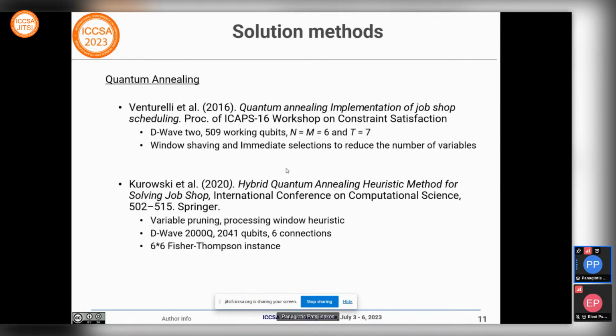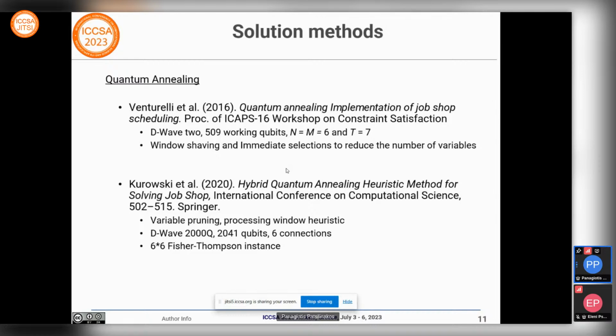So just a small overview of solution methods developed for solving job shop scheduling problems. The first paper was developed by Venturelli et al. They used D-Wave 2 machines, so it was the first generation, in 2016.